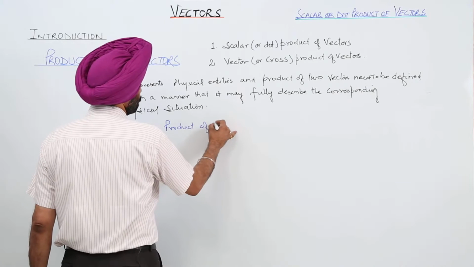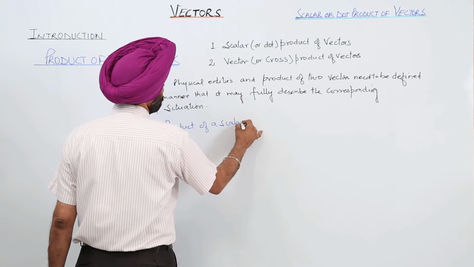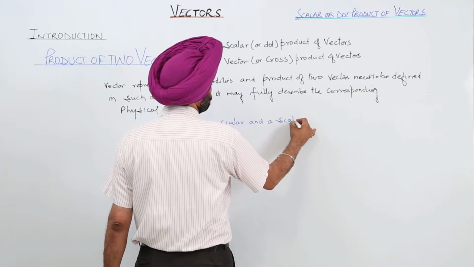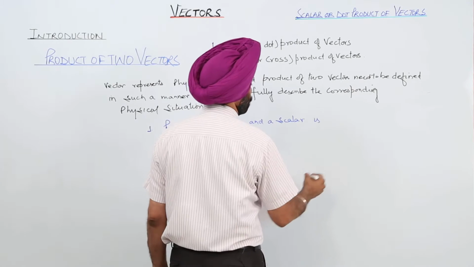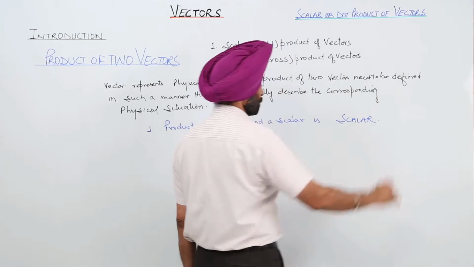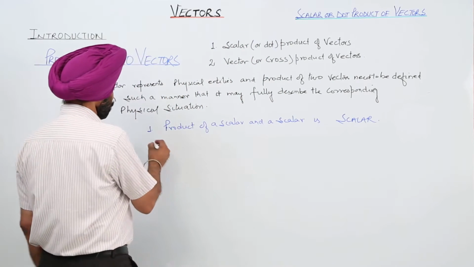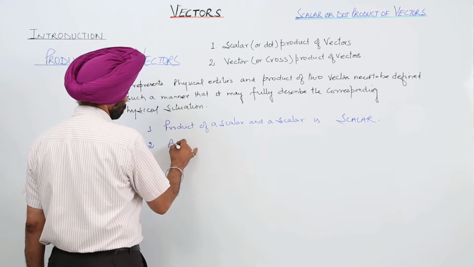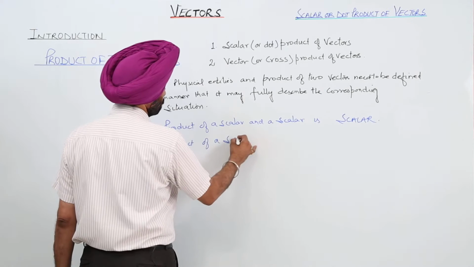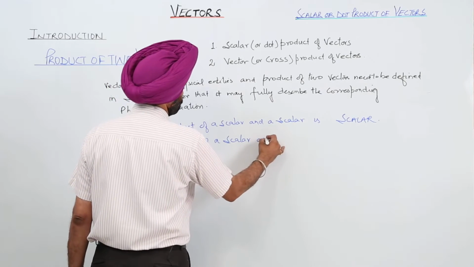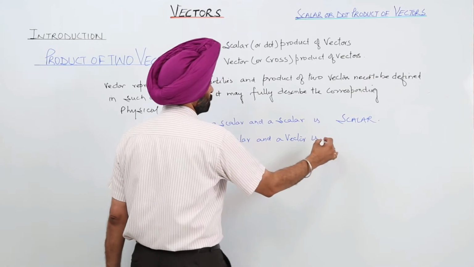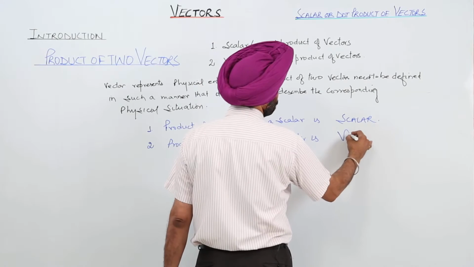Number one, product of a scalar and a scalar is scalar. Number two, product of a scalar and a vector is vector.